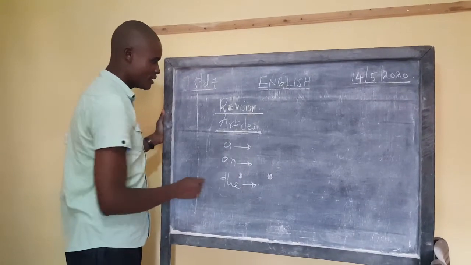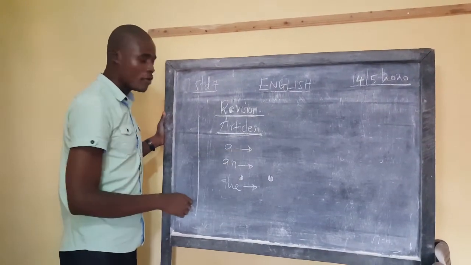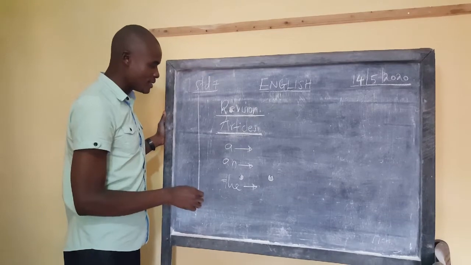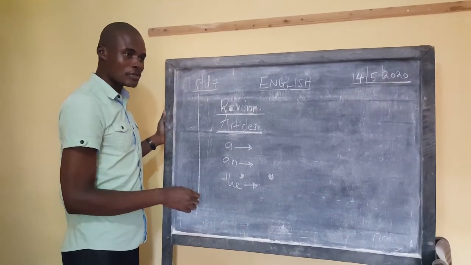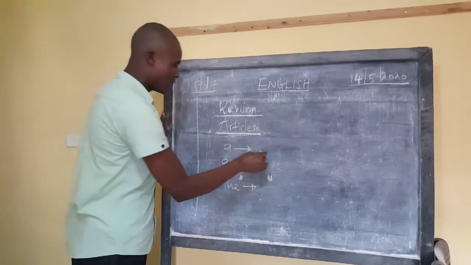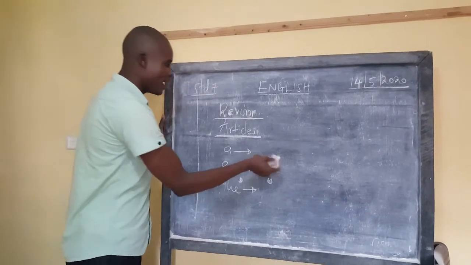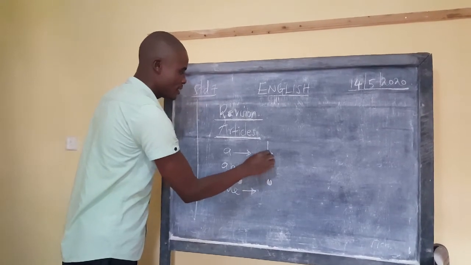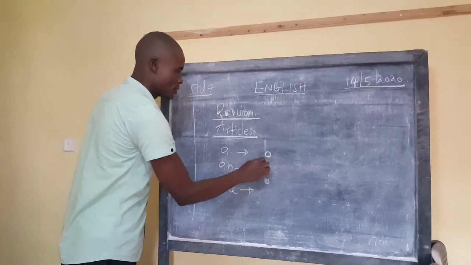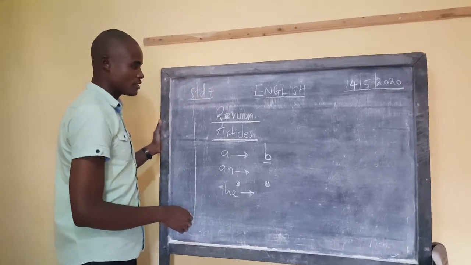So "a" comes before words that are countable, and they are words that begin with consonant sounds. Consonant sounds like B, for example. B is a consonant sound.